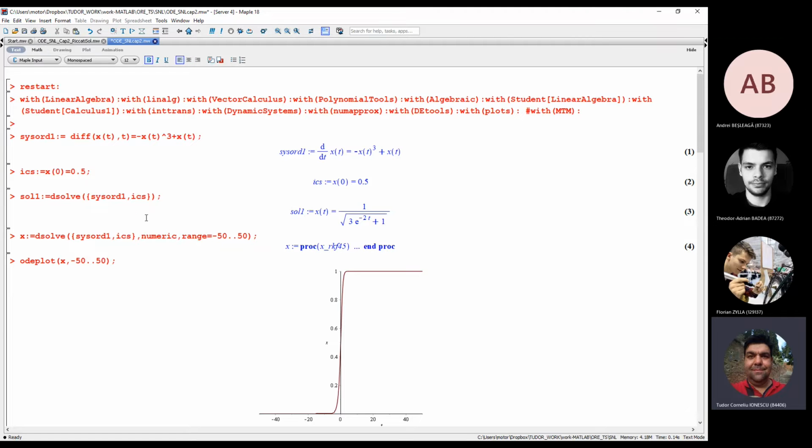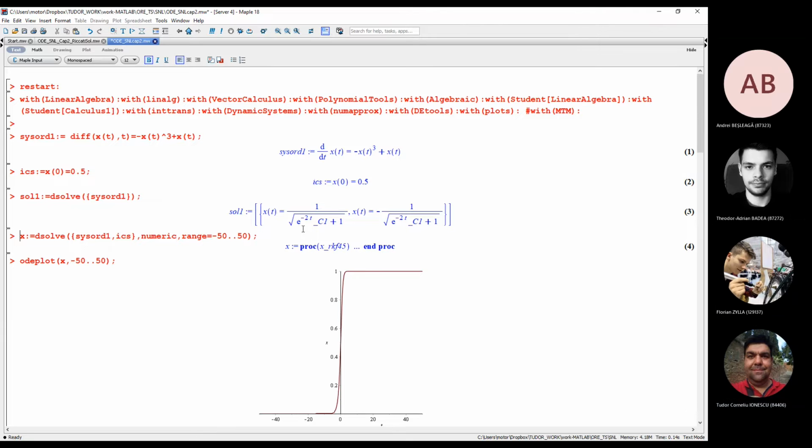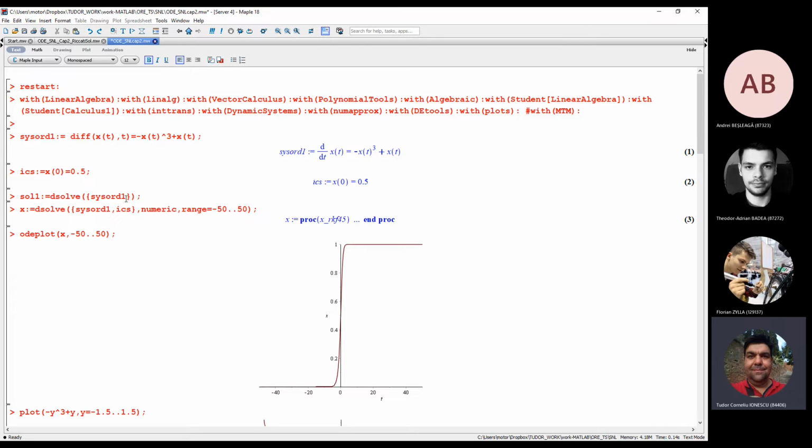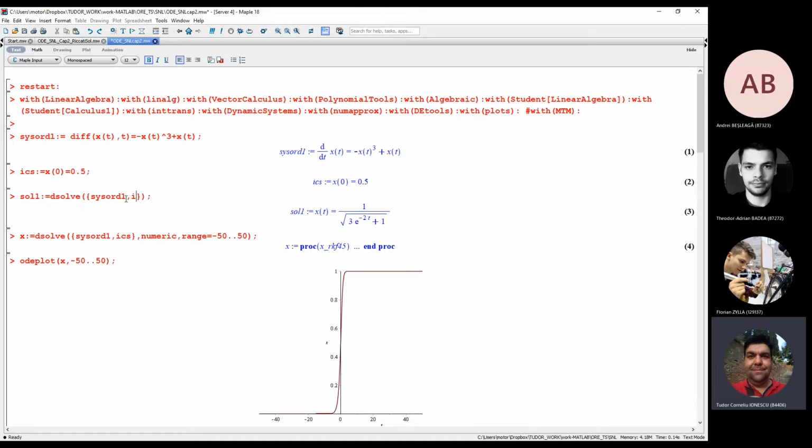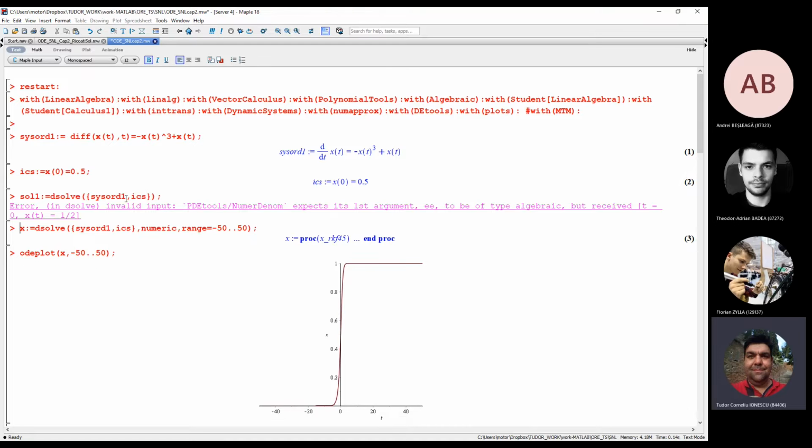If you do not write the initial conditions, then you get a general version of the solution, for any constant. So depending on the initial condition, you can get either a plus solution or a solution with a minus, depending on your initial conditions. Okay, so now I have the initial condition. Okay, what happened now? Oops.